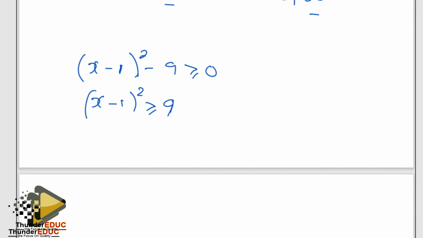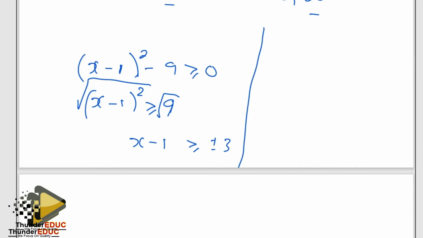And then I'm going to find the square root on both sides. Okay, square root, so it means x minus 1 is greater or equal to plus minus 3. Because square root of any number must give us two values, a positive and a negative. So what will my critical values be? It's plus minus 3 plus 1.